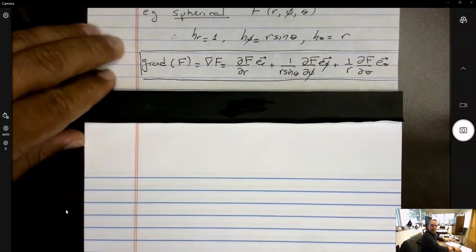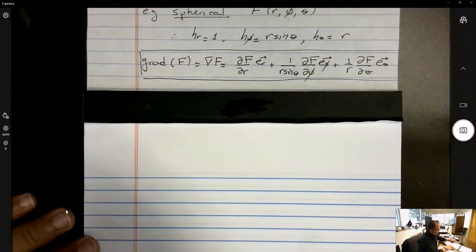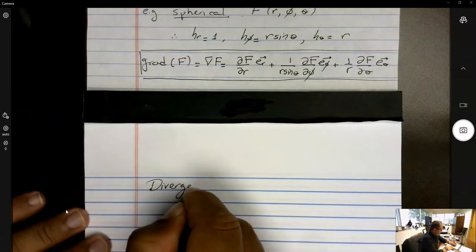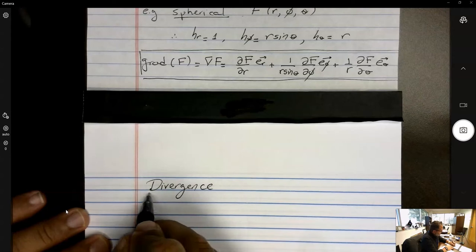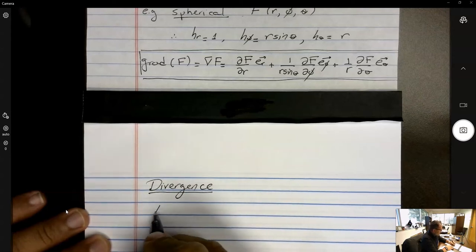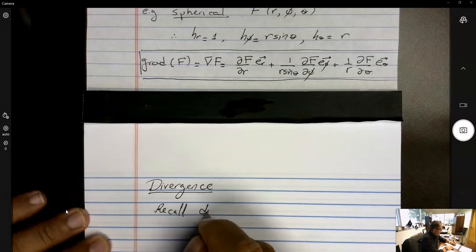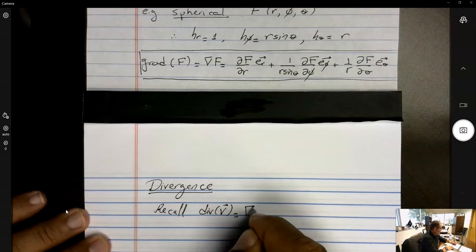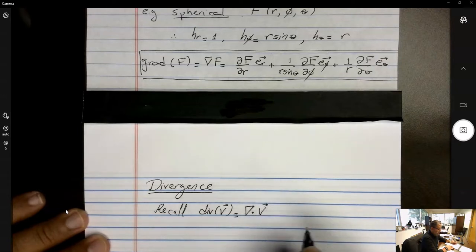So that's the gradient. Happens to be the most straightforward one. So the divergency, remember, is the divergency of V, which could be expressed as del dot V, equal to the limit when some volume delta V goes to 0.